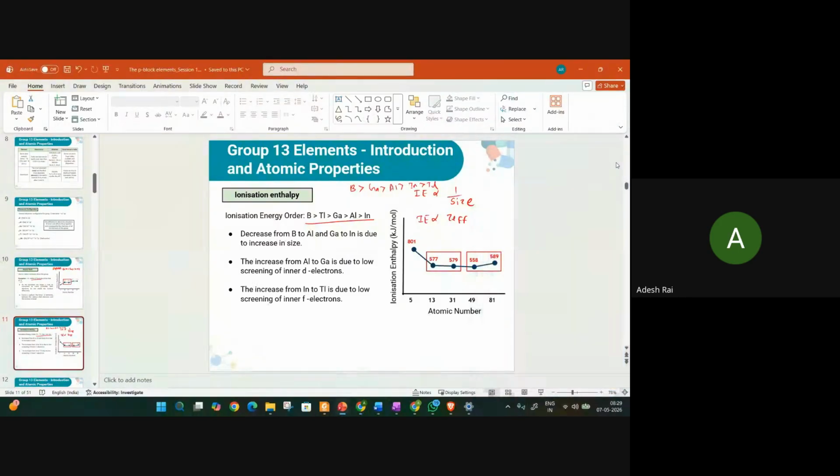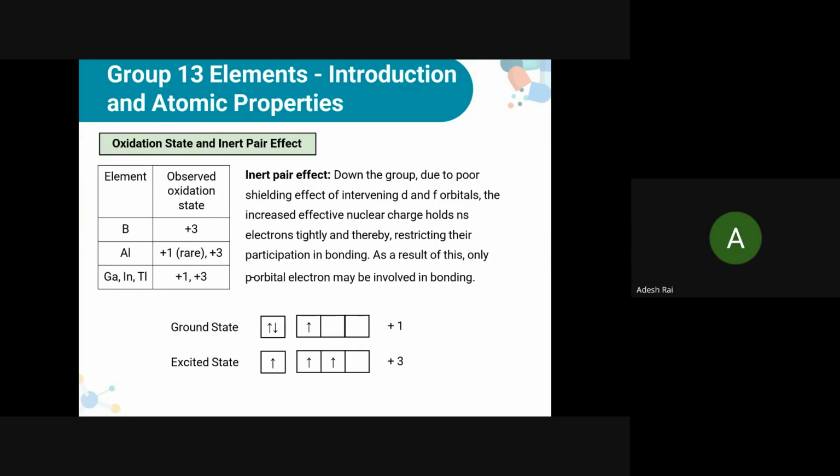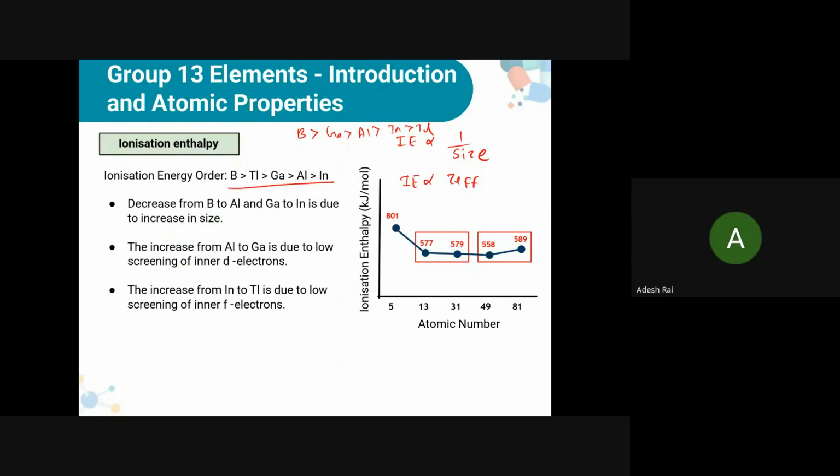Updated now. Updated or not? Tell me. Yes. Uh, is it moving? Yes. Yes. It's okay. Smooth.